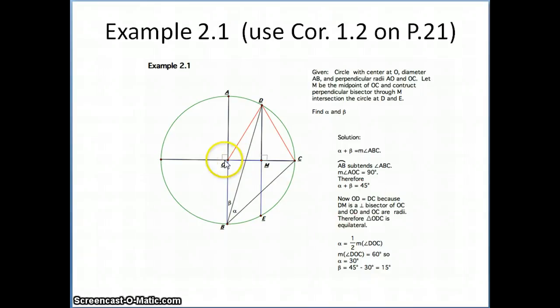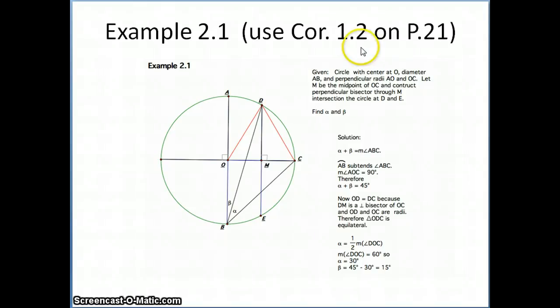So first of all, we know DE is a perpendicular bisector of OC, because it's perpendicular and it's a bisector because M is a middle point, and all of these conditions are given in the problem.